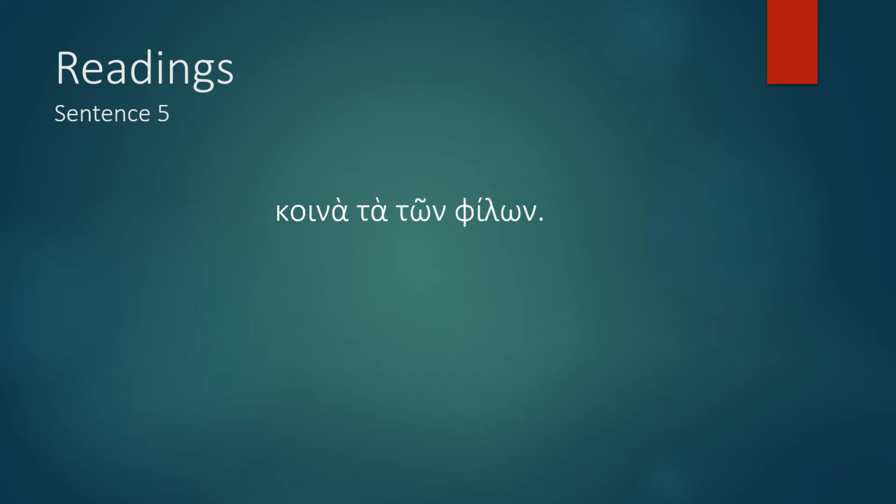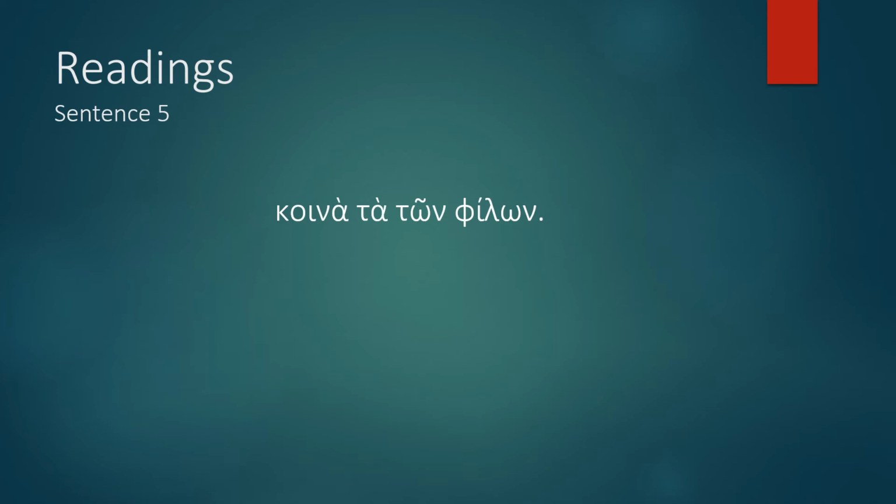Let's just look at each word. Koina, ta, ton, philon. Koina and ta both have two options for what they could be. Both those options are neuter plural. Ta, we're told, is nominative, and as you would expect from the sentences we've done so far already, koina is also nominative.